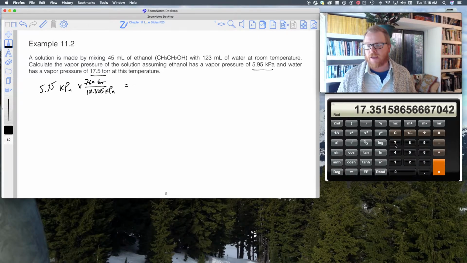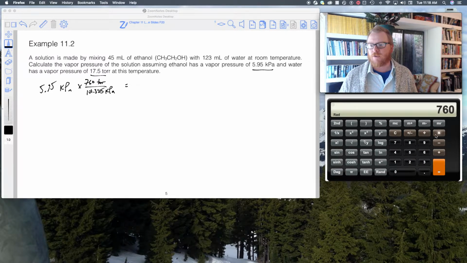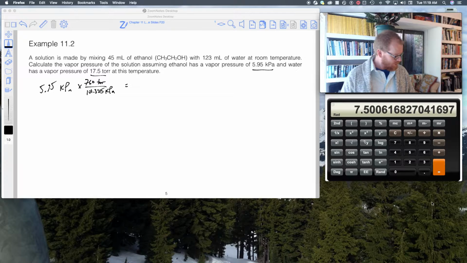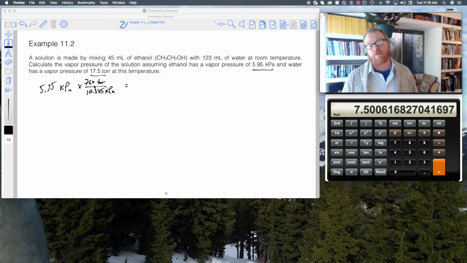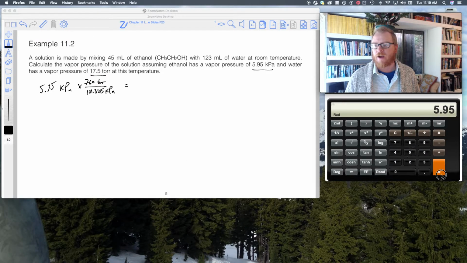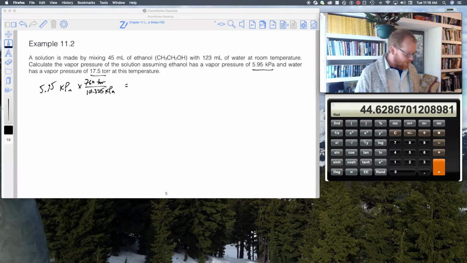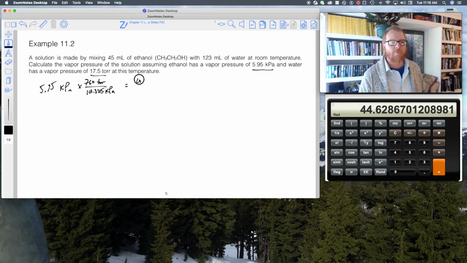So let's say 760 divided by 101.325 equals, and let's see here. Oh, and then I have to multiply by 5.95. And then times 5.95 equals. Okay, great. So that's 44.6 torr.